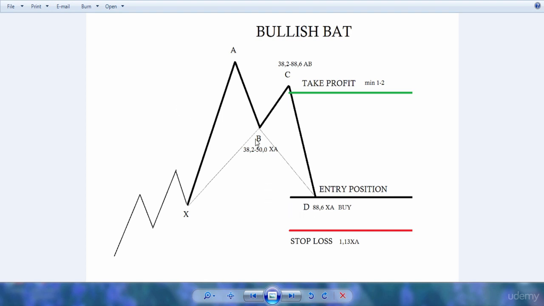Point B in this case is not defined accurately with a certain level of Fibonacci, but for determining point B it is necessary to take the range between 38.2 and 50% of Fibo retracement of wave XA.